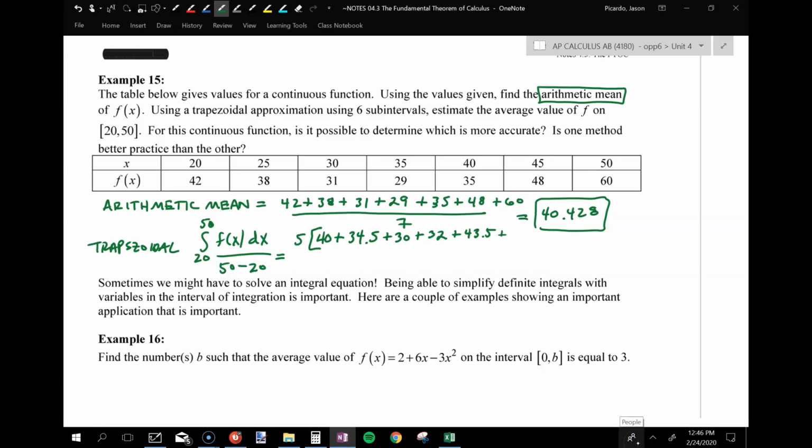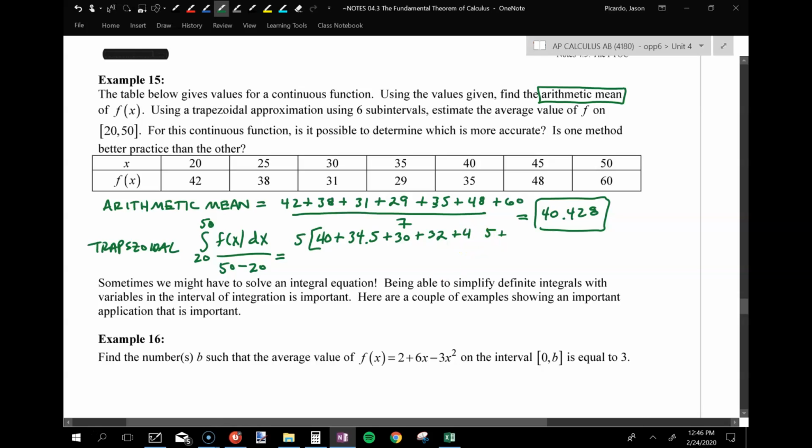This is 41.5, not 43.5. And the average of 48 and 60 is 54. Gives me 1,160 over 30, which is approximately 38.666.